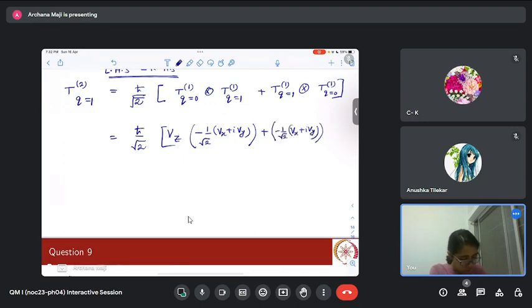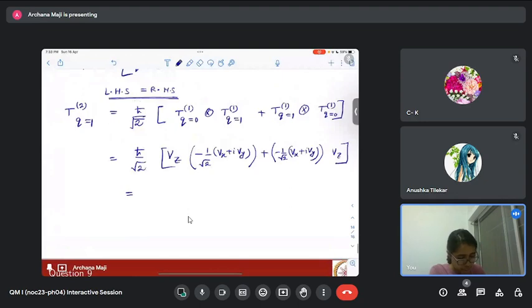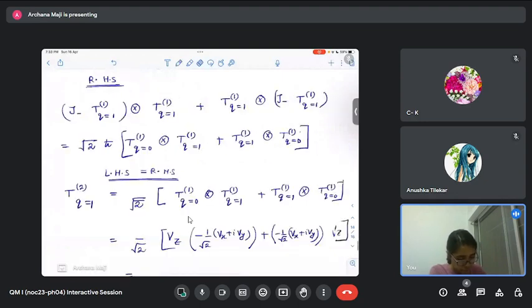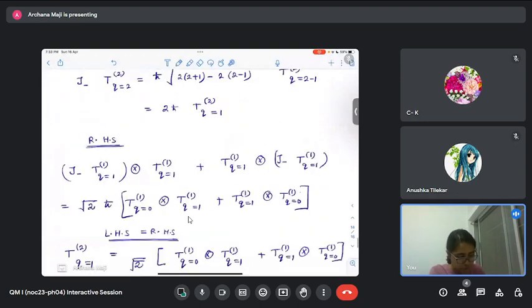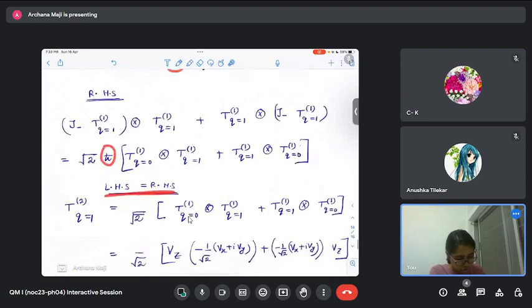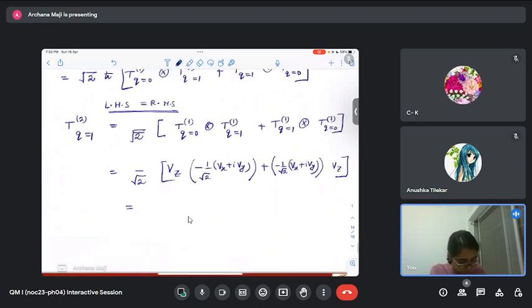So what do we get? h cross will also get cancelled from both sides, because the left hand side also had h cross, so they get cancelled when we equate. So 1 over square root 2, and so ultimately we get minus Vz Vx plus I Vy. Okay.